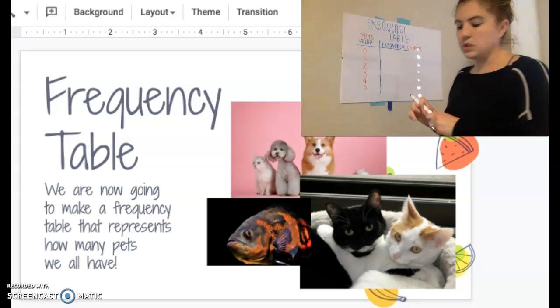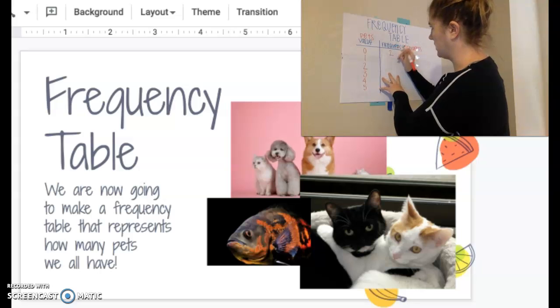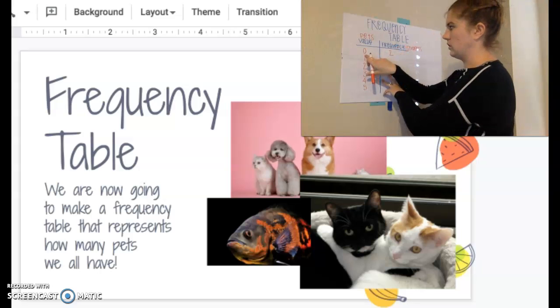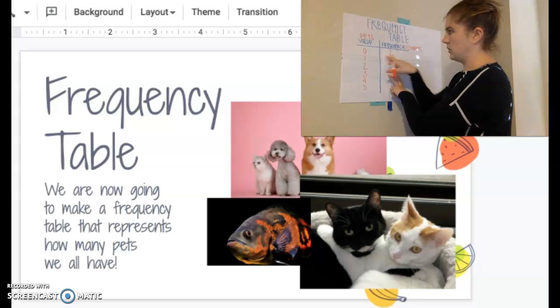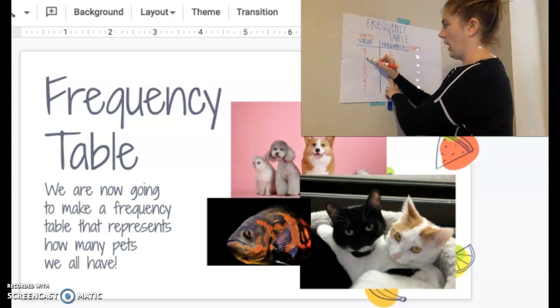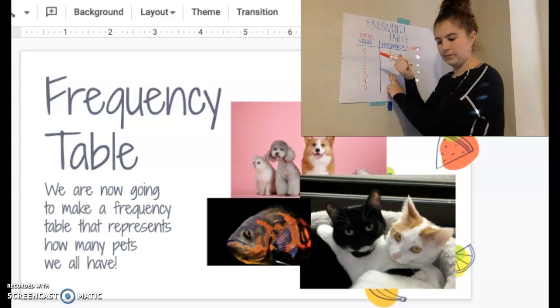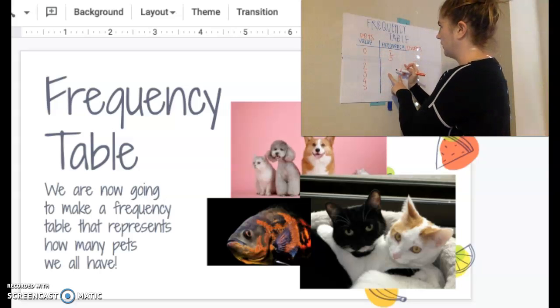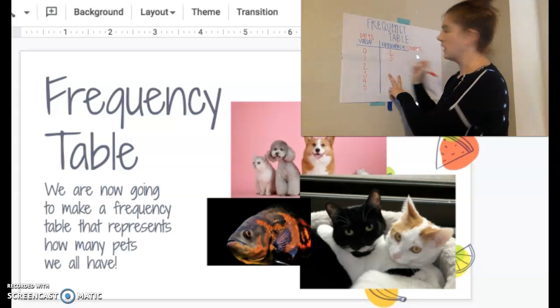So there were 2 students who had 0 pets. We're going to write 2 here to represent the frequency of 2 students having 0 pets. The next was how many of y'all had 1, which there were 3 students who had 1 pet. The next thing on our frequency table is going to be how many students had 2 pets. That was 6 of you.